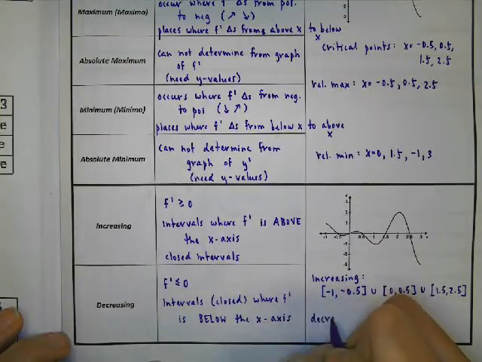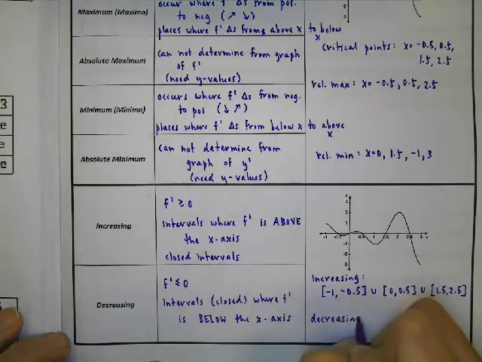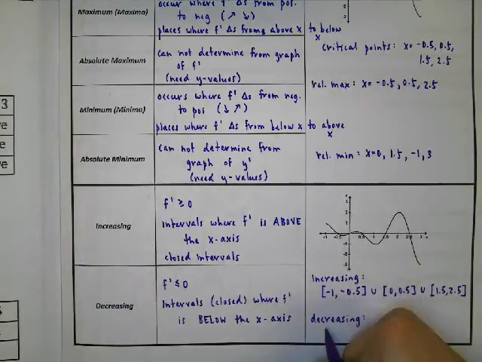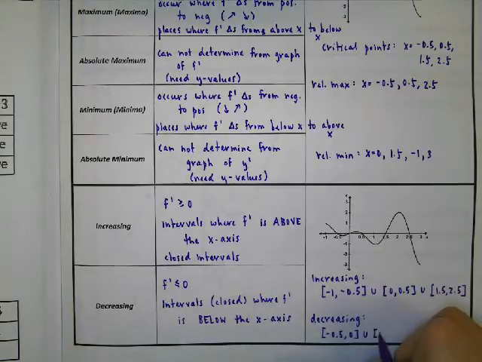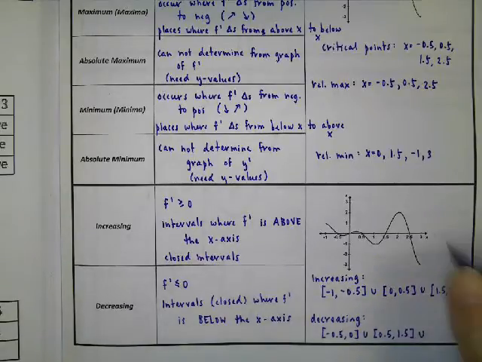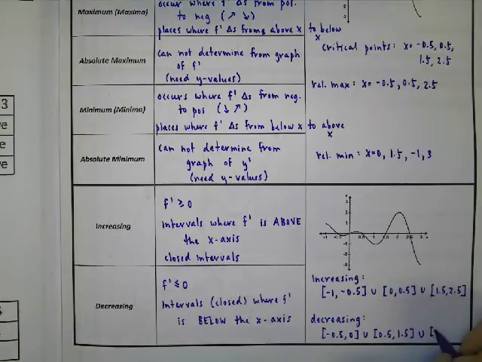So I am going to be decreasing wherever I'm below. So from -0.5 to 0, from 0.5 to 1.5, and then lastly from 2.5 to 3.